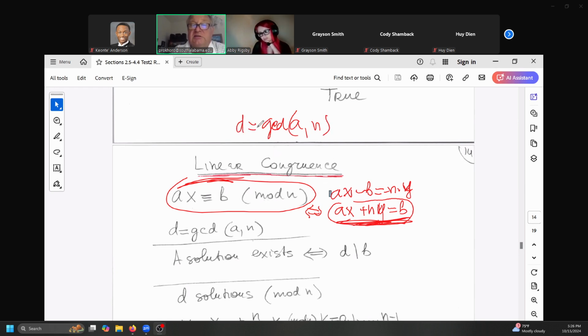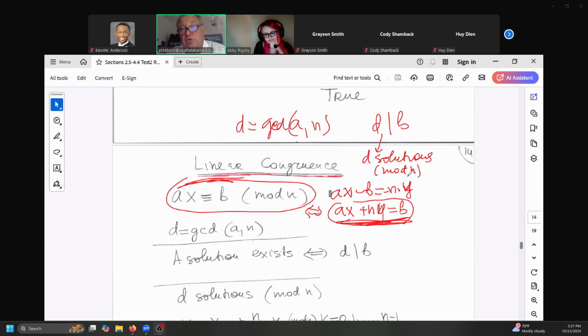This is d. And we need to check b is divisible by d. If b is divisible by d, a solution exists. But we can say even more, there will be d solutions modulo n.